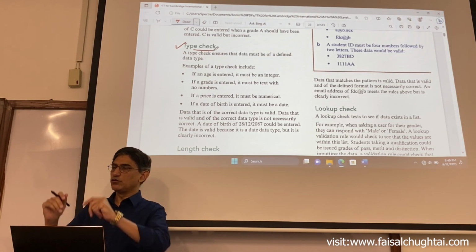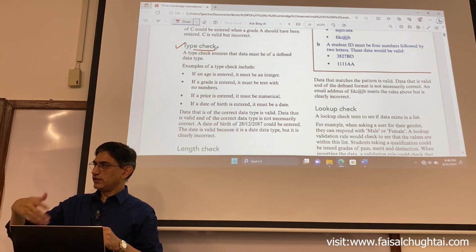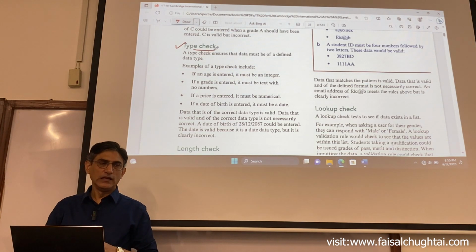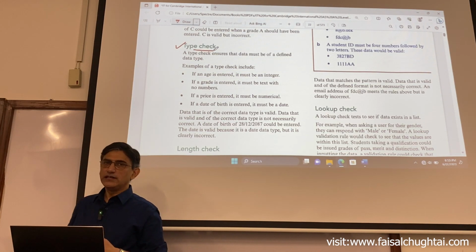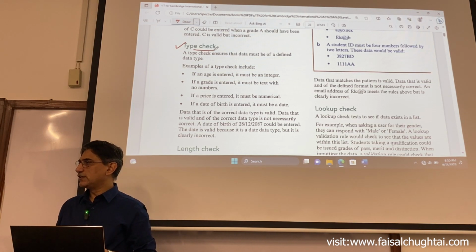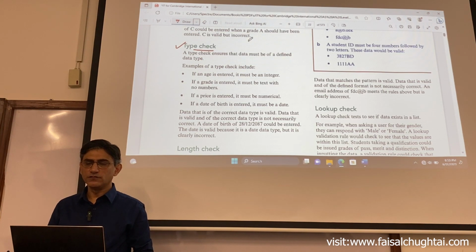A very simple example could be, say for instance you're filling in a form and there's a field where you have to put in your name. Can the name field contain any numerics? It cannot. It is bound to have only alphabets.